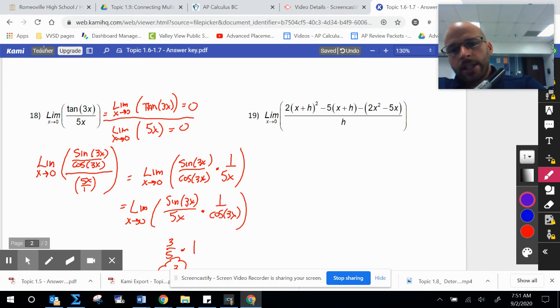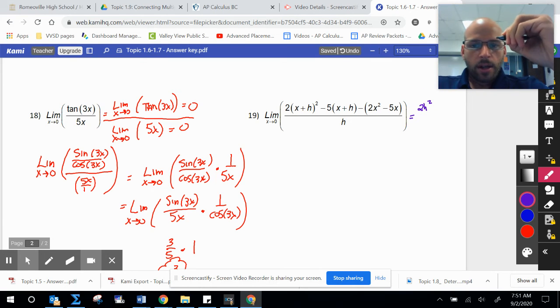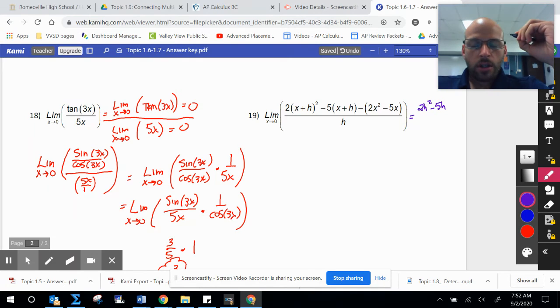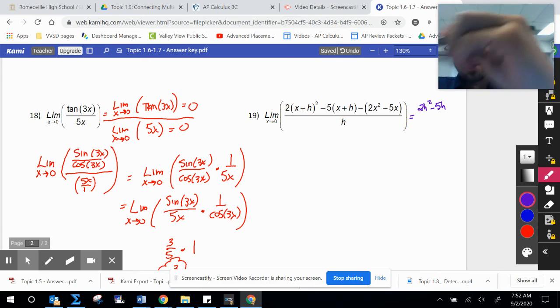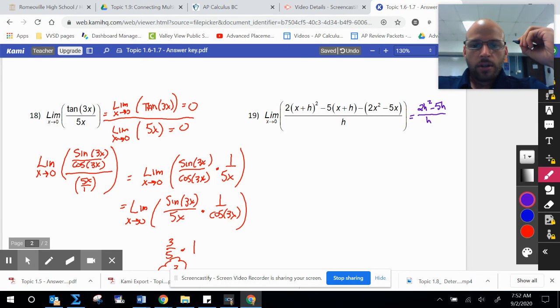So if I plug in 0, now I'm going to run out of room here, but you should check the indeterminate form. If you plug in 0, you will get a 2h squared minus 5h, and the rest of it goes to 0 all over h.